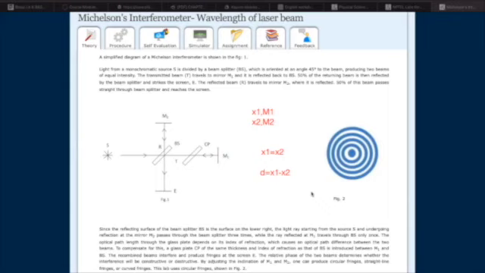Because we are considering that phase reversal over here. Now, let's say my x1 and x2 are not equal. For all unequal x1 and x2, d will have a finite value x1 minus x2. So let's say for now, I move my mirror M2 by some extra distance delta.